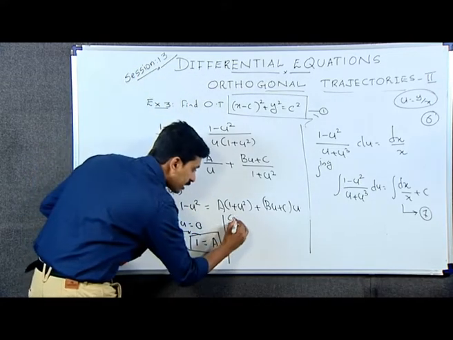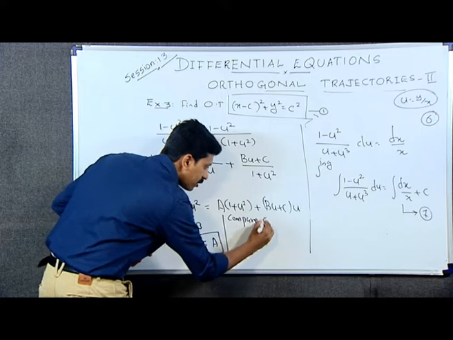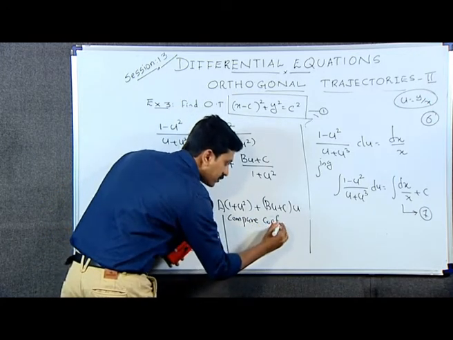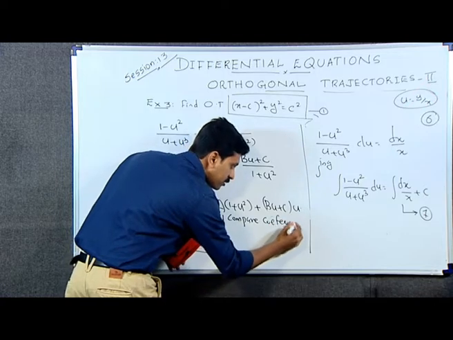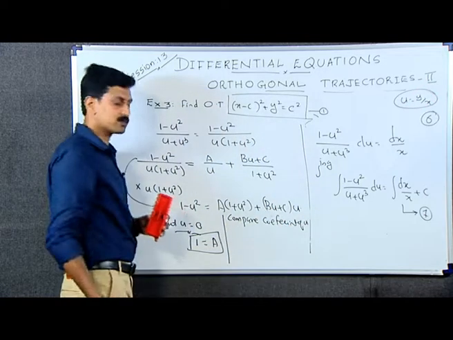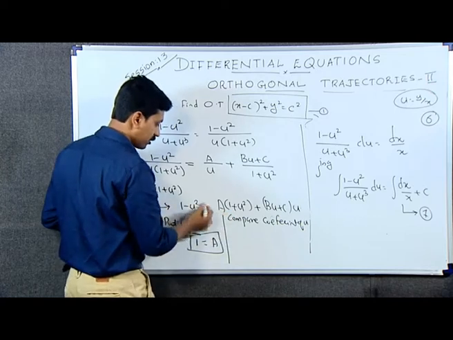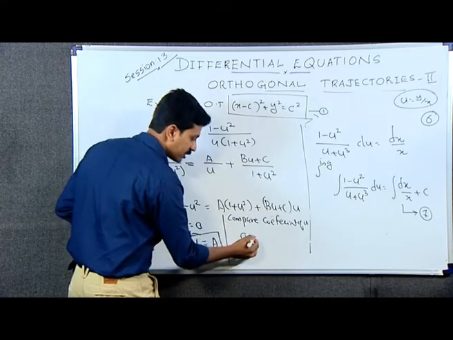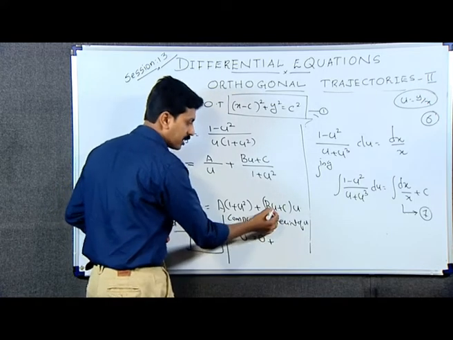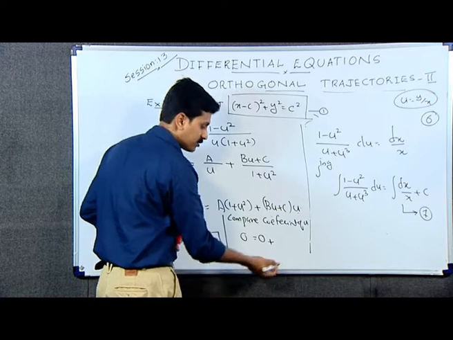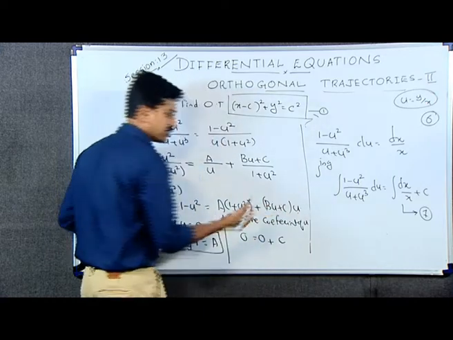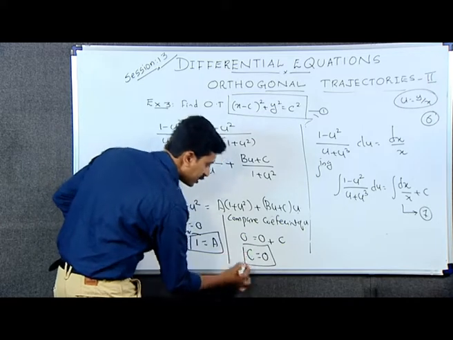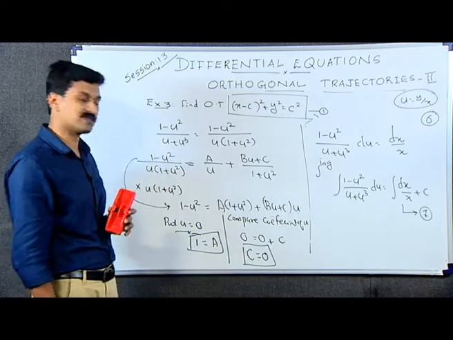So, comparing the coefficient of u, on the left it is 0, and on the right it is only c. So, we have got the value of c as 0.